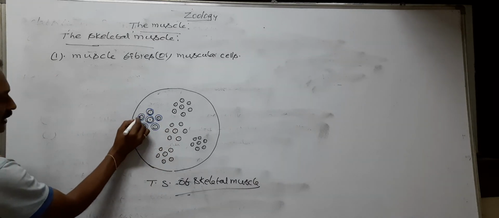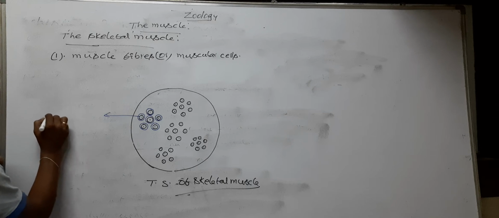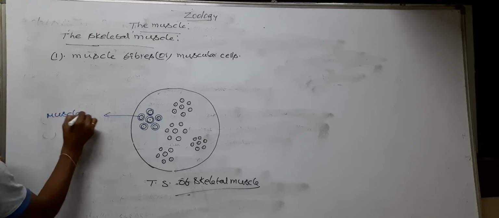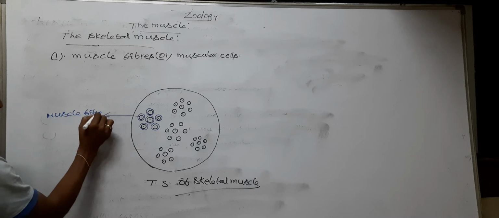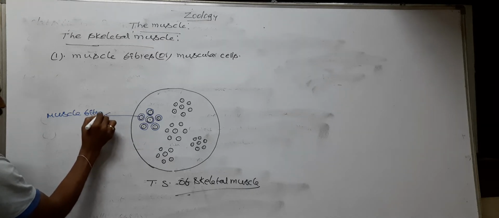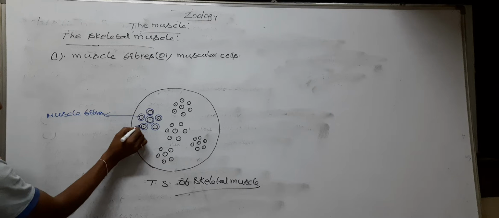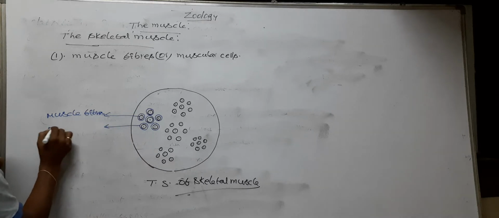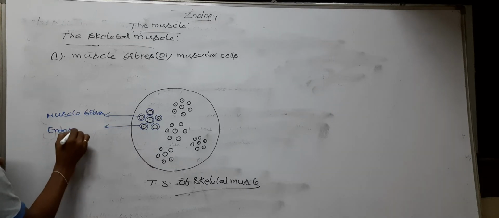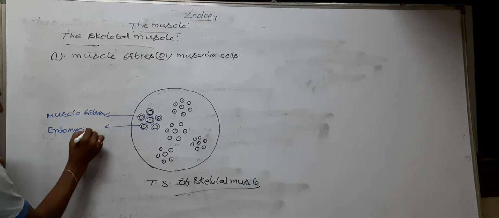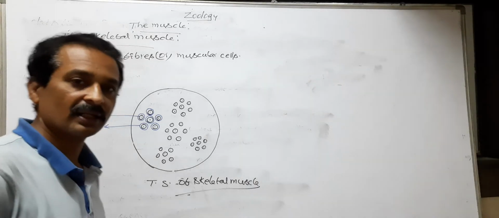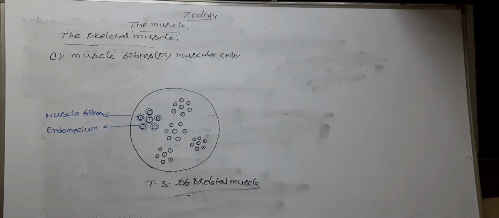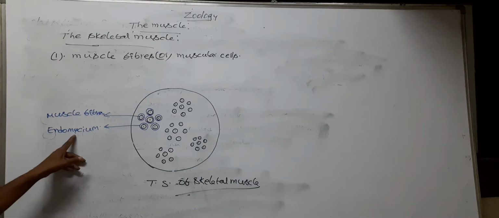So this is muscle fibers, and this is endomysium. Each skeletal muscle cell is enclosed by a membrane called endomysium.